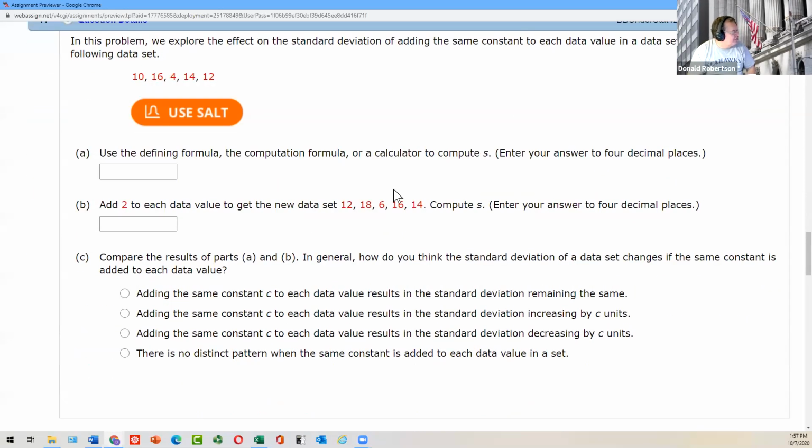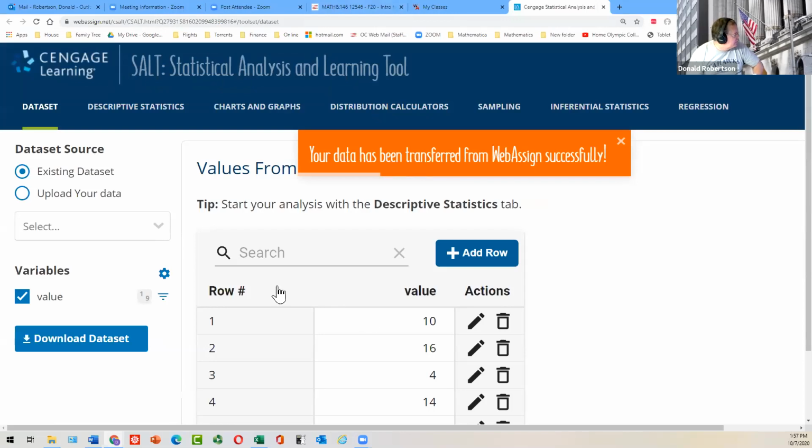And what's going to happen here? Here's a data set. Put in there standard deviation. Now, just to show you that the calculator is great and so is SALT, because not all questions have SALT, that's why you've got a backup plan. If I hit the SALT button, it comes over here.